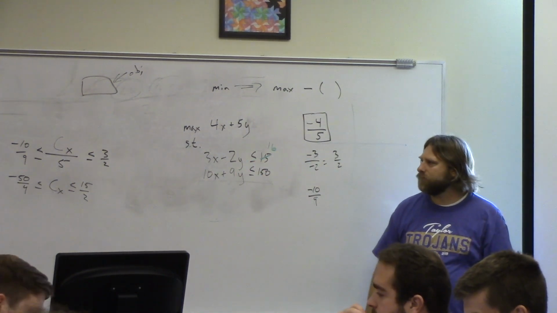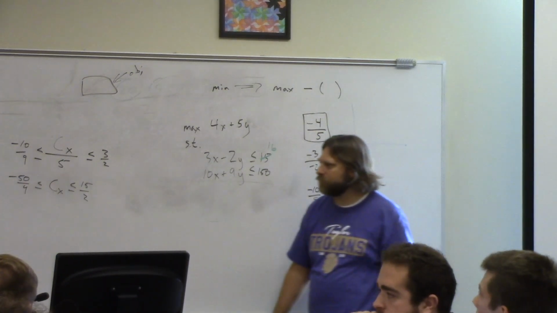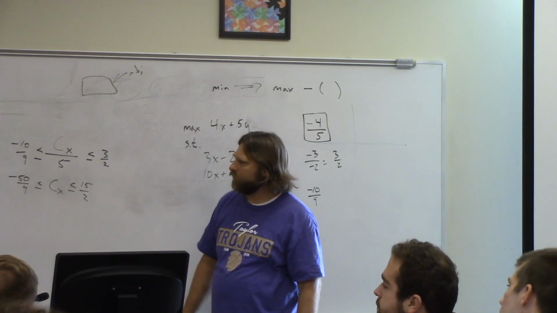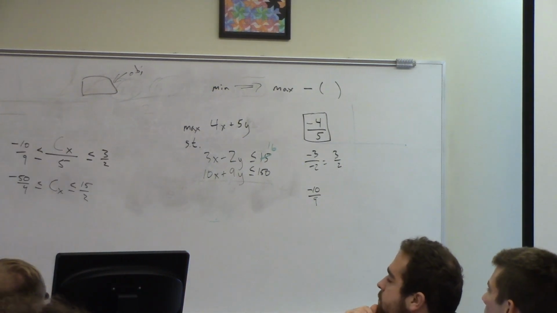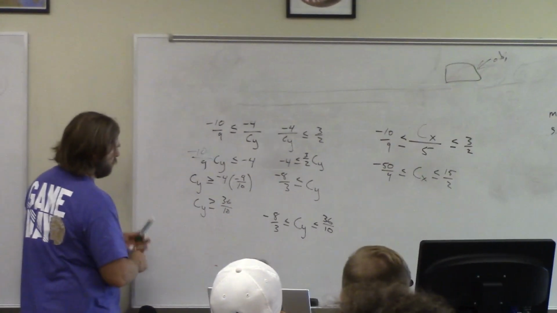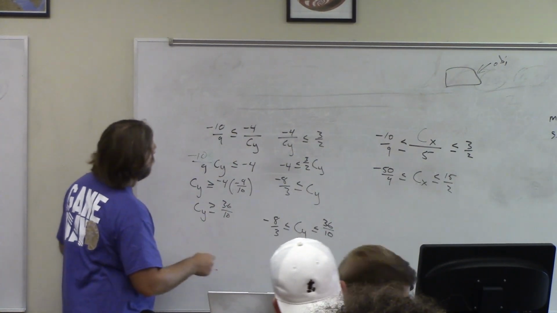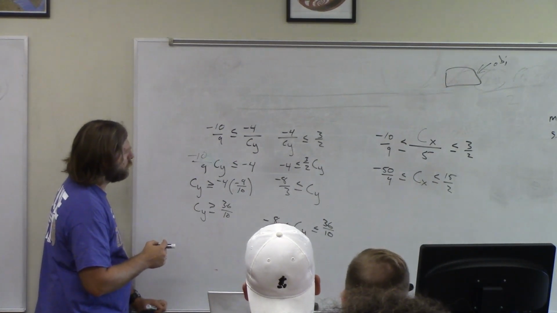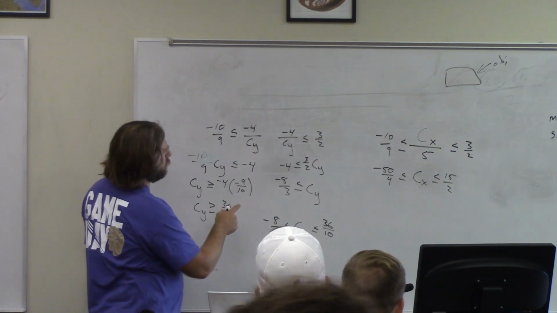Your answer says that 36/10 is less than cy, but then the final one you have it as greater than. I'm just confused by that. Here. Did I, aren't you multiplying? Oh, never mind.